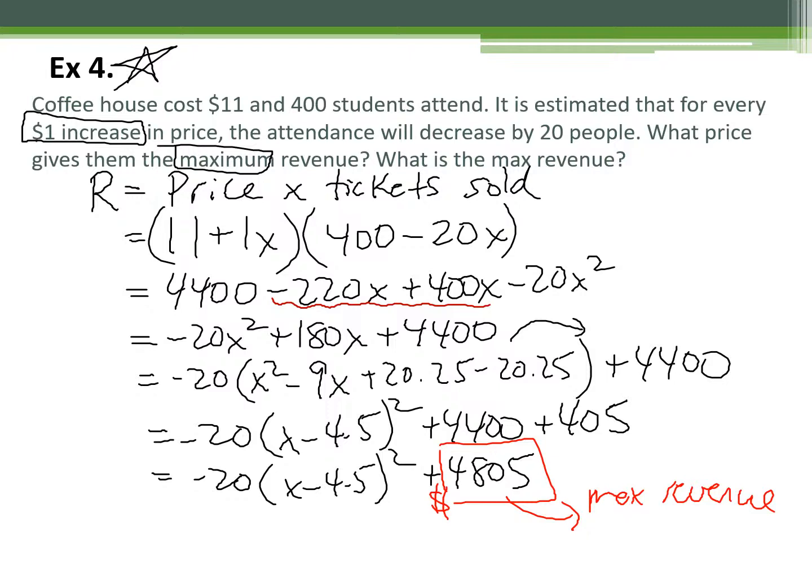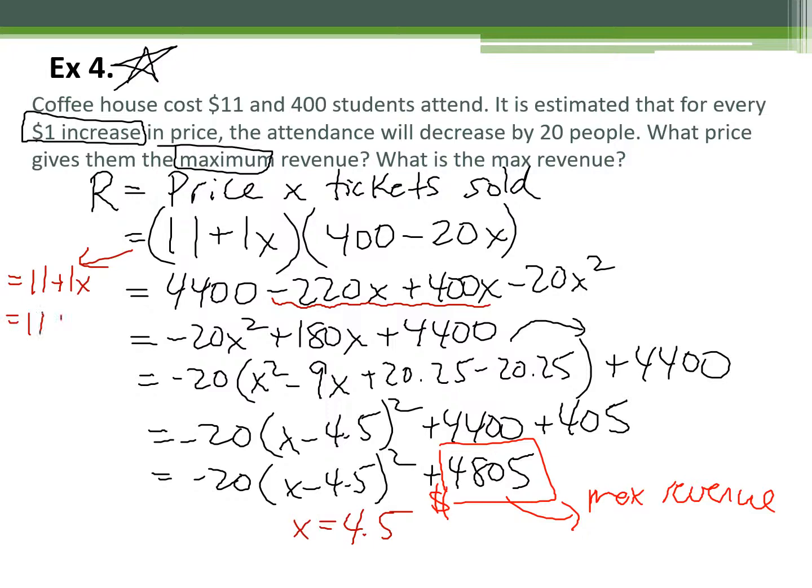The price, we have to do some extra work to get the price. I know that the price right here equals 11 plus 1x. From my vertex form, I know that x equals 4.5. So that doesn't tell me that the price is 4.5, because x doesn't represent the price. x represents the number of $1 increases you do in price.